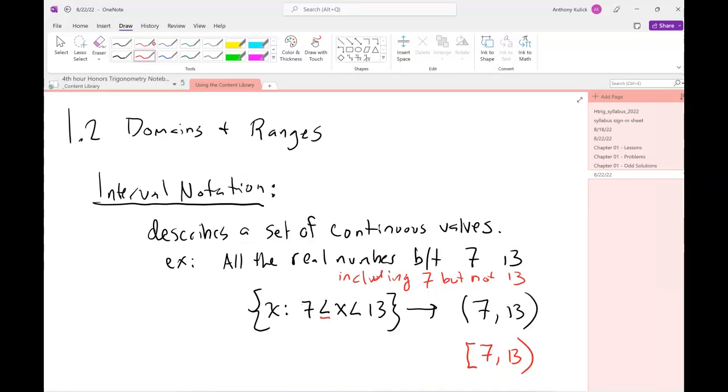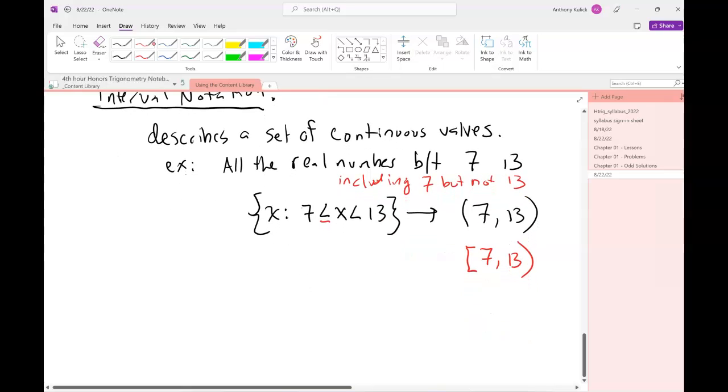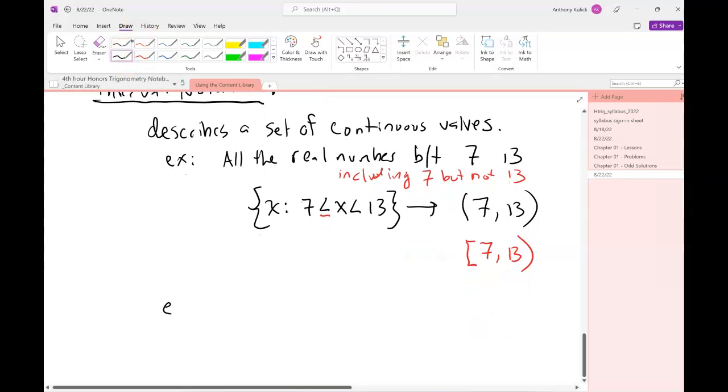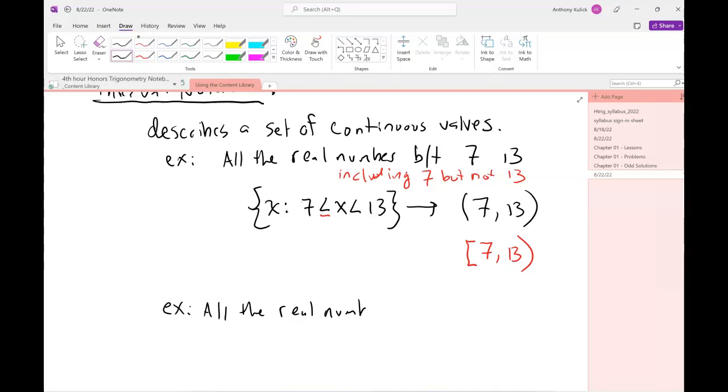You guys remember doing this kind of notation? Say all the numbers, be specific, Kulik, real numbers less than 5, including 5.